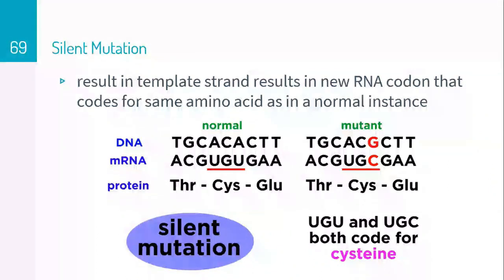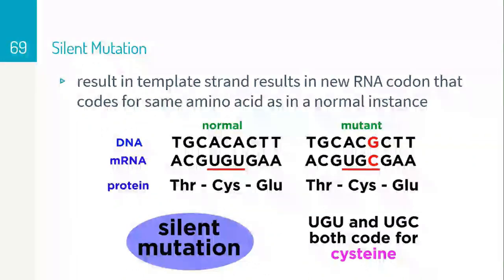Why a silent mutation goes unnoticed is, I don't remember if you remember from the first class, we spoke about 4 to the 6, so there's a particular limit in terms of how many base pairs account for the naturally occurring amino acids.